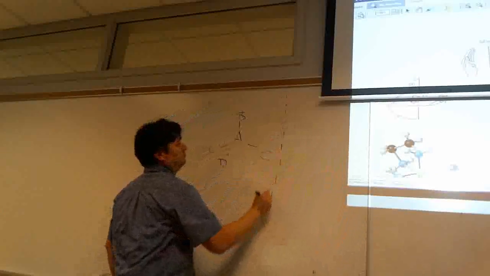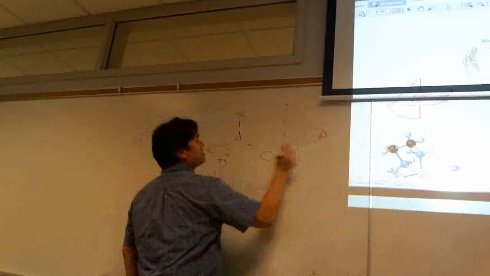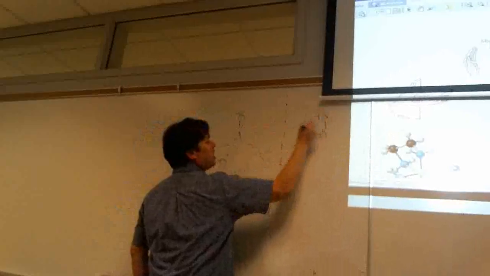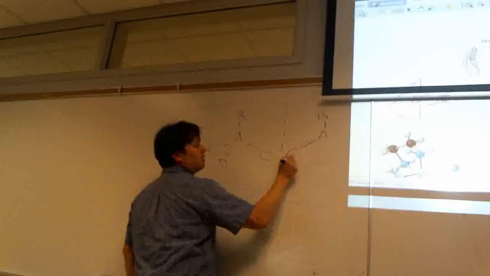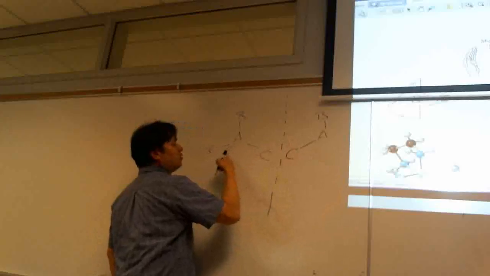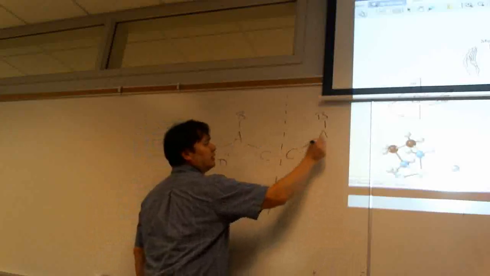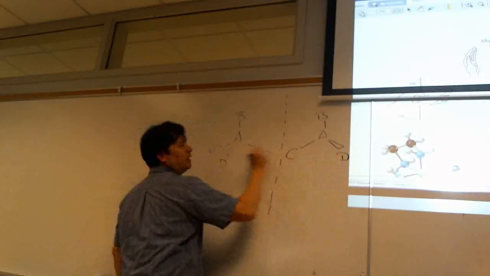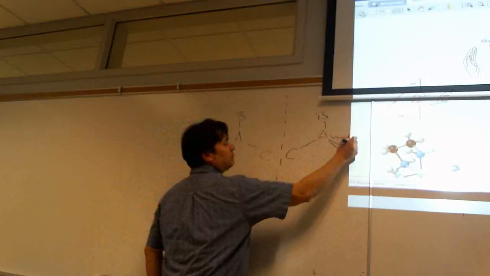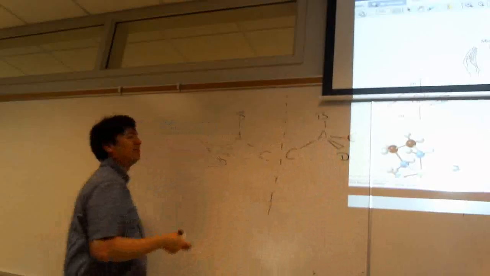The mirror image would have A in the center here, B on the top. And then coming to this side would be C, and then going back and out of the board would be D, and going back and into the board would be E. And so it looks the same, right?